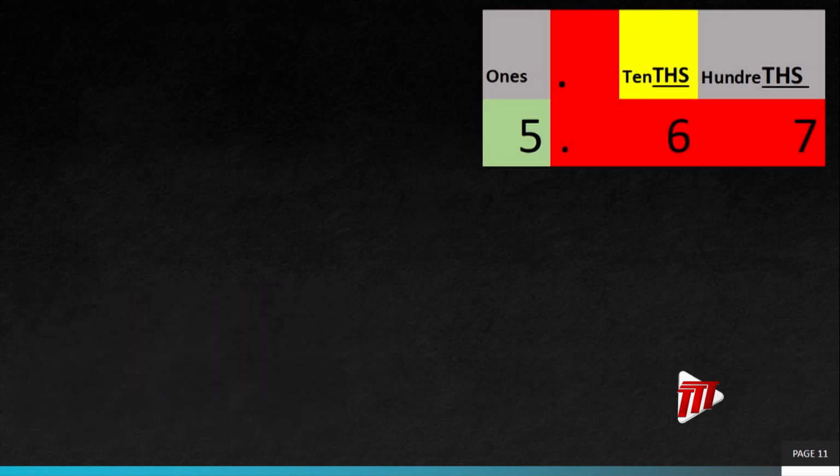What about this number now? In this number, our ones value is not 0. Our ones value is 5. So, do we abandon what we have learned? Do we run and say 5.67? No. Look at it. It's the same 67/100, but now we have a 5 in the ones column.